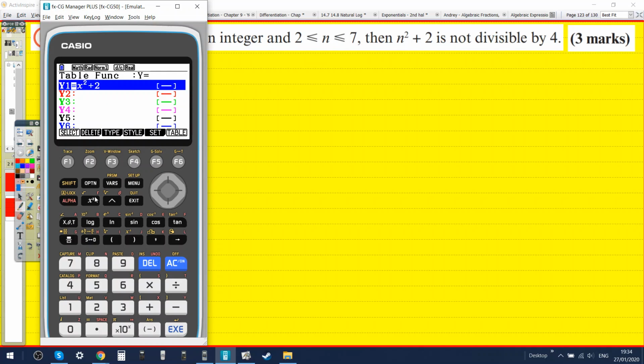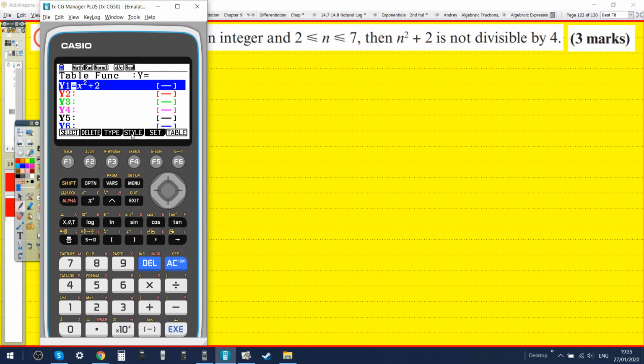Did you put in x squared plus 2? No. So x squared plus 2. Then go back up and do settings. Set. And choose 2, 7, 1.